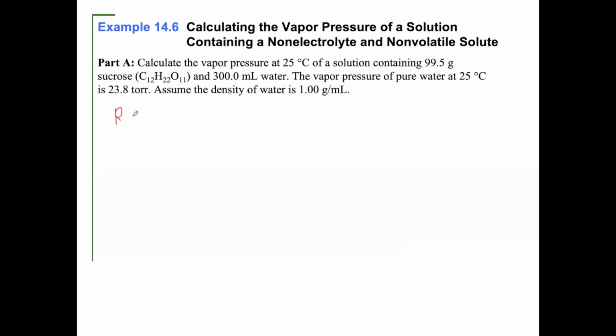So Raoult's law says that the vapor pressure of a solution is going to be the mole fraction of the solvent times the vapor pressure of the pure solvent at the same temperature.